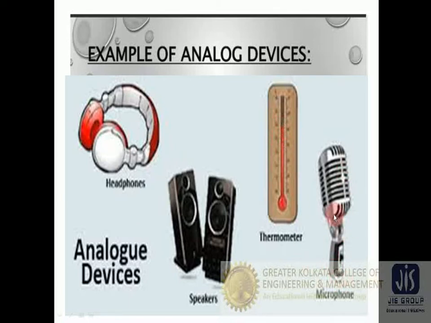The microphone converts audio signals into electrical ones. It takes audio as input and produces an electrical signal as output. This is the function of the microphone, and the output of the microphone is also an analog electrical signal. There are many other analog devices, but these are a few.